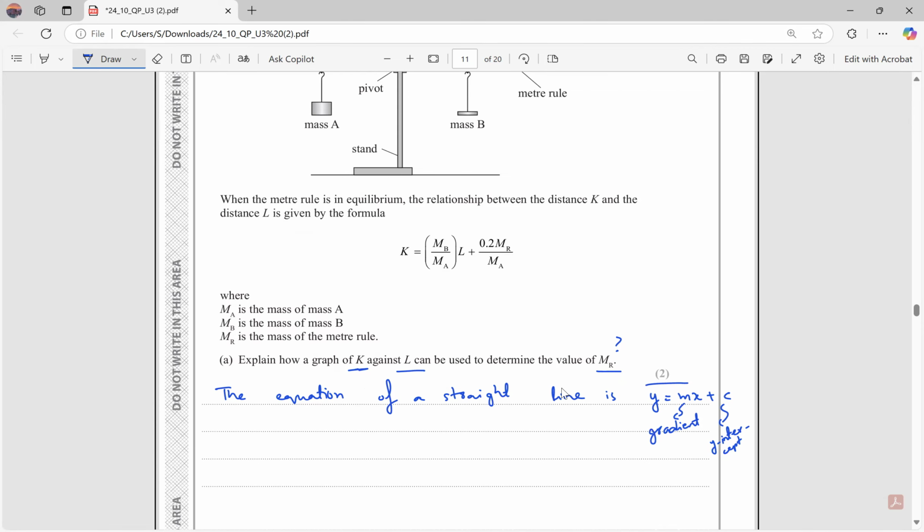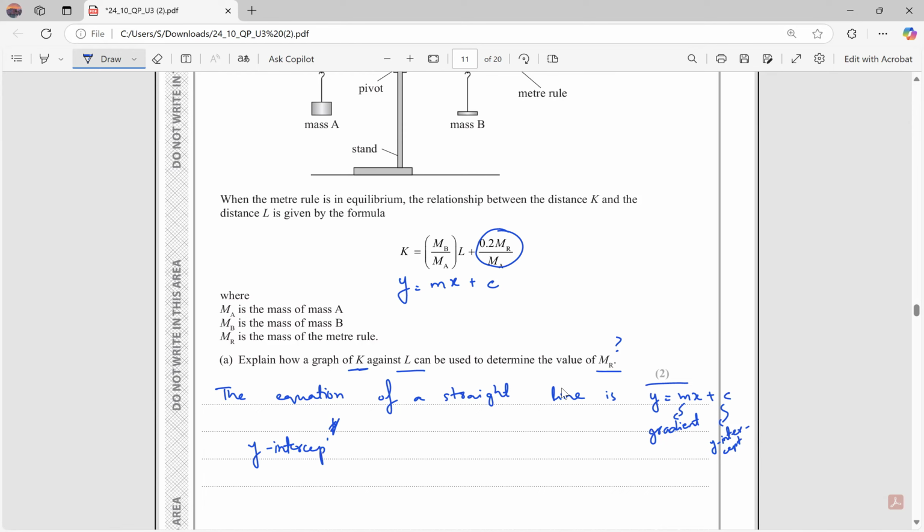So we model this equation using the equation of a straight line. This is y, this is m, the gradient. L is the thing on the x-axis, plus c. This is the y-intercept. So to find the mass of the ruler, we have to use the y-intercept.